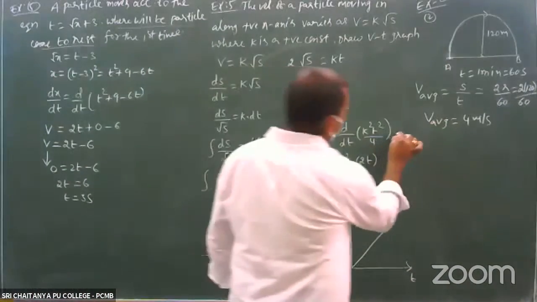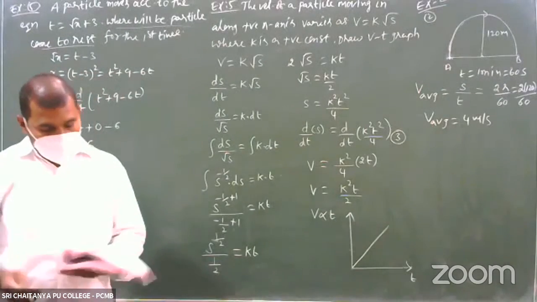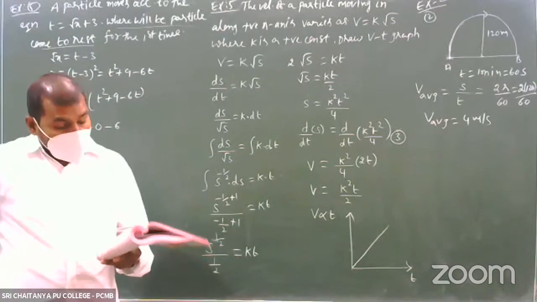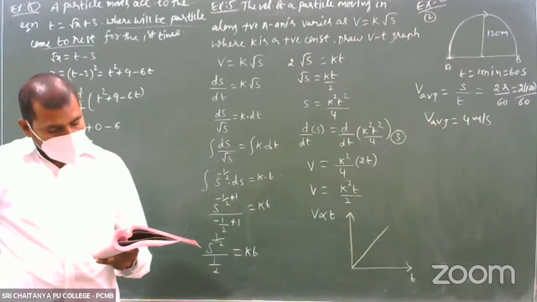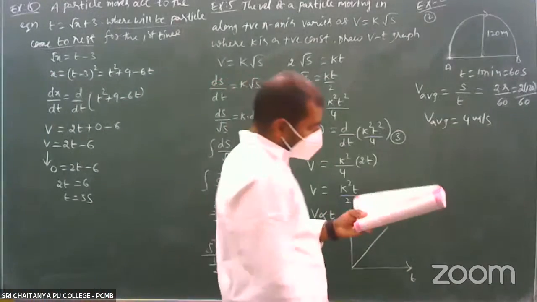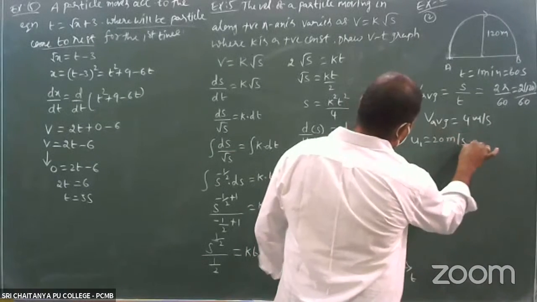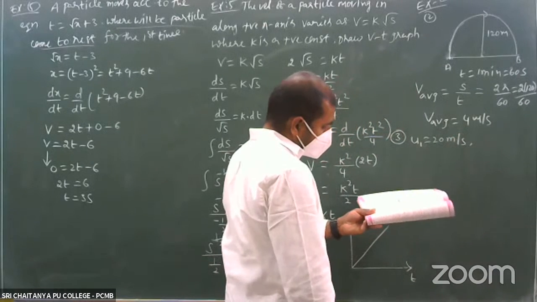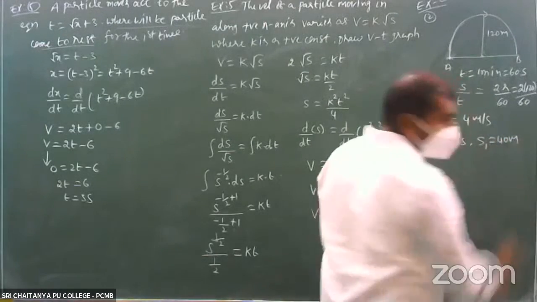Next, the third problem. I am writing the data only; you can see it in our material. A car moving with a velocity u1, which is 20 meters per second, stopped in a distance s1 equal to 40 meters. Final velocity is 0.